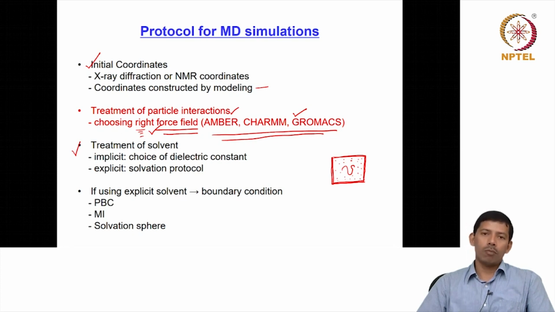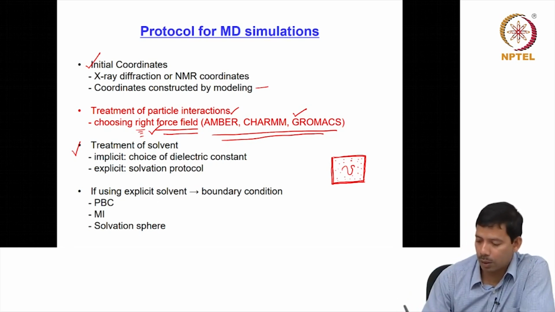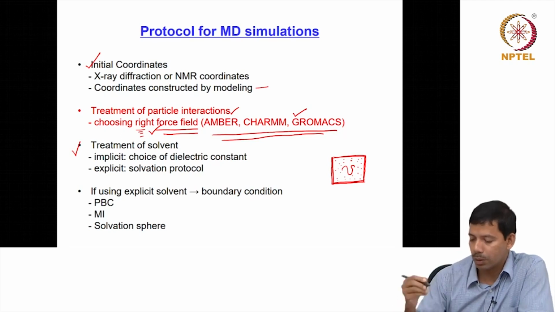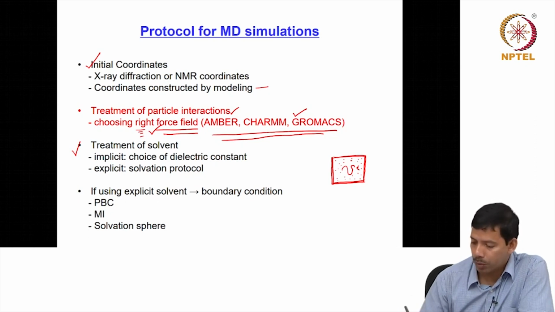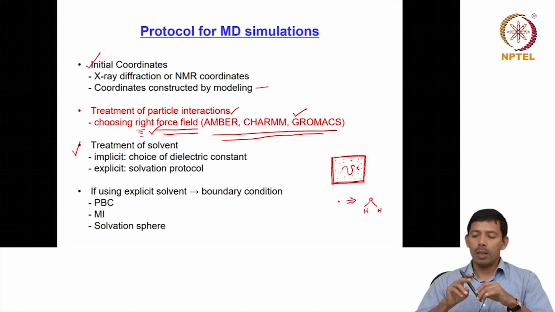Now, when you put water around the protein, there are two ways of describing the water. One way is, as I drew, just as a sample dot, but we can describe this water molecule as HOH. Each dot here corresponds to this, where I have described the water molecule explicitly.